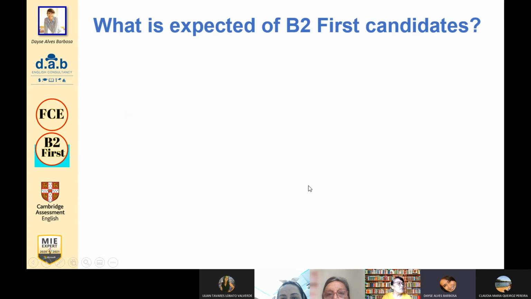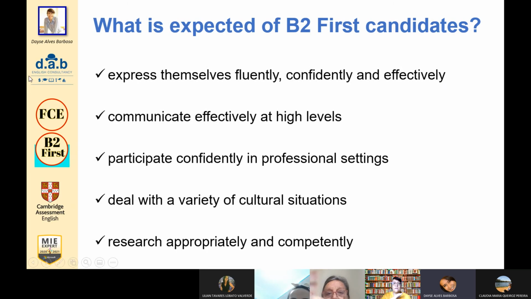Okay, what is expected of B2 First candidates? They have to have this ability. In fact, it is quite the same as the CAE level, the C1 level.